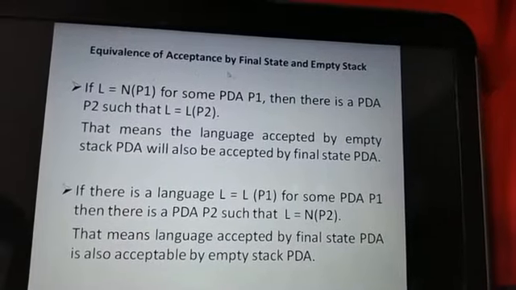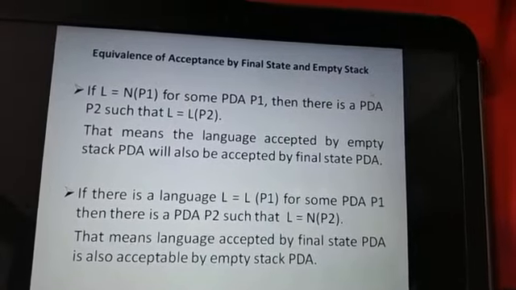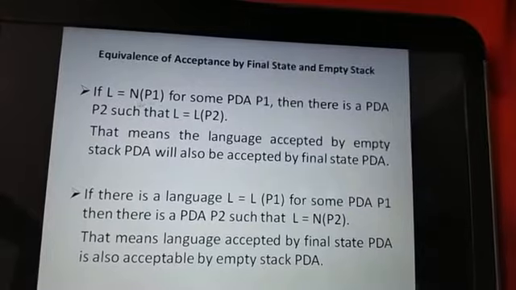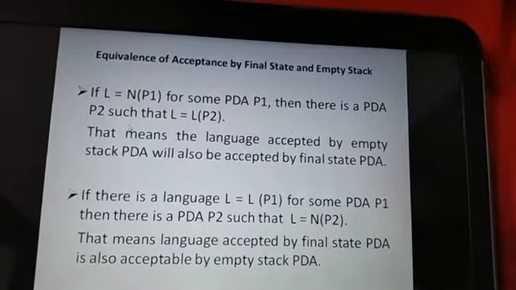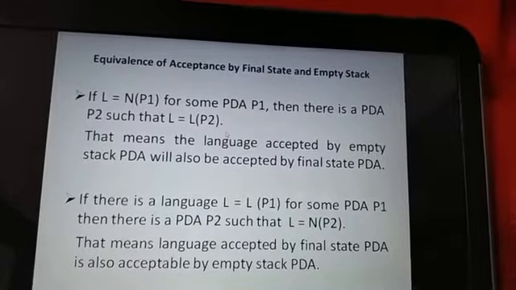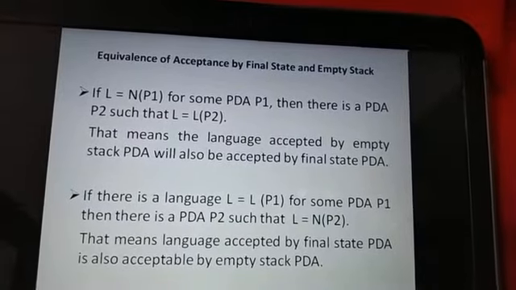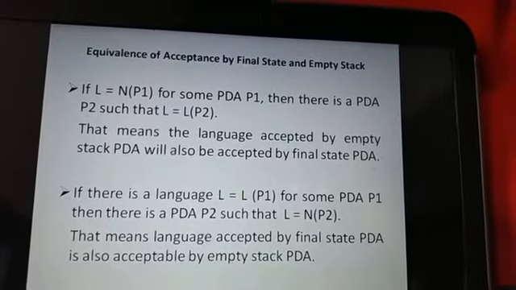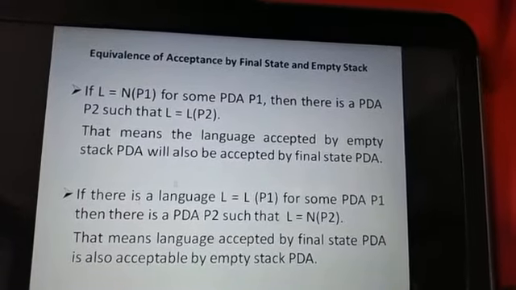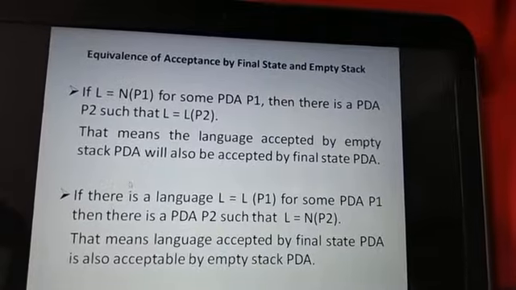Now, equivalence of acceptance by final state and empty stack. If the language L equals N(P1) for some PDA P1, then there is a PDA P2 such that L equals L(P2). That means the language accepted by an empty stack PDA will also be accepted by a final state PDA. The reverse is also true.